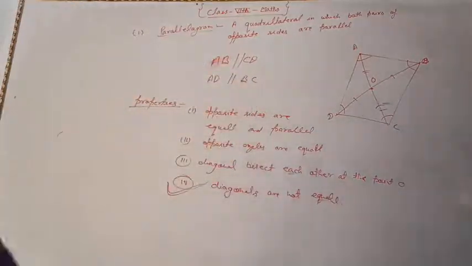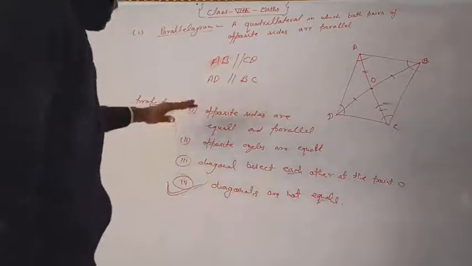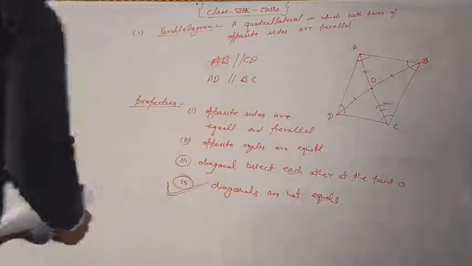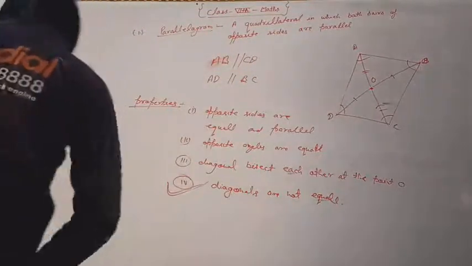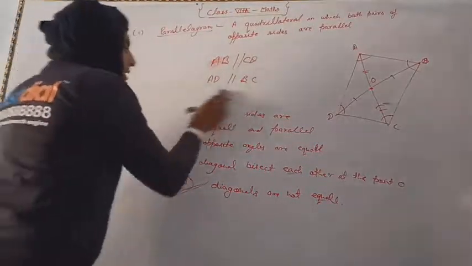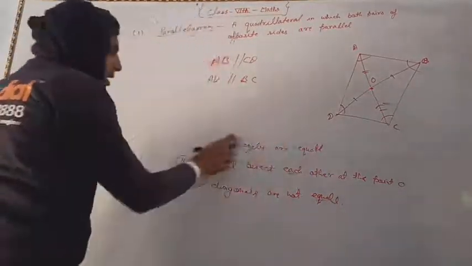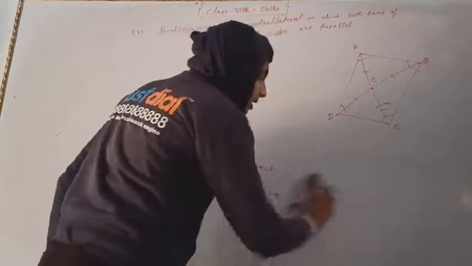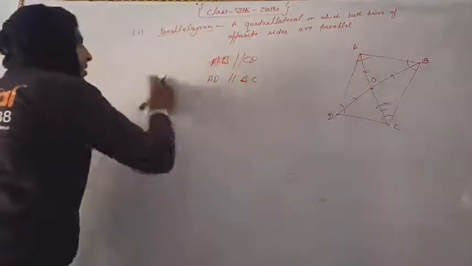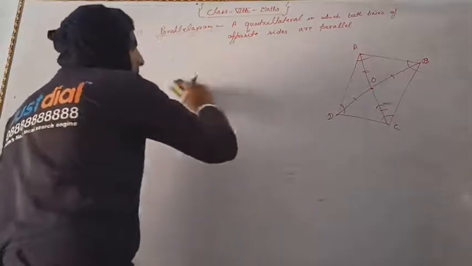So these are the properties of the quadrilateral parallelogram. Now we have to study some other types of quadrilateral. So you have to write this and learn the properties and the definition of the parallelogram.